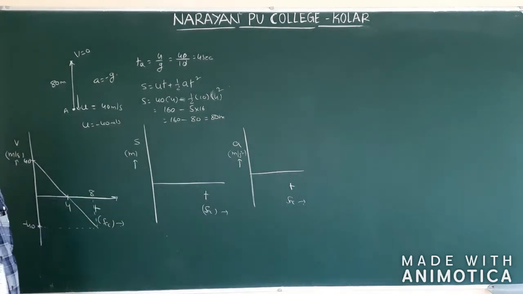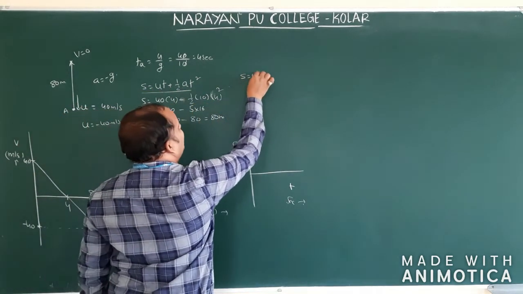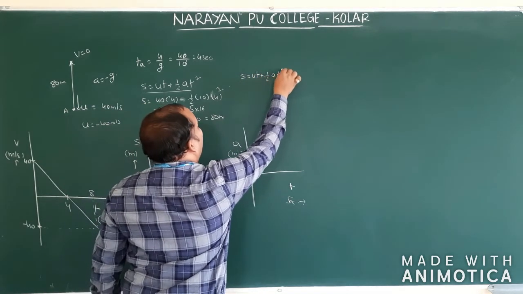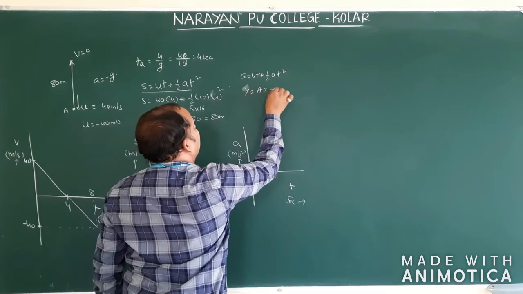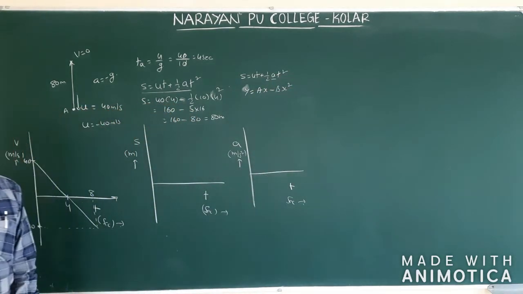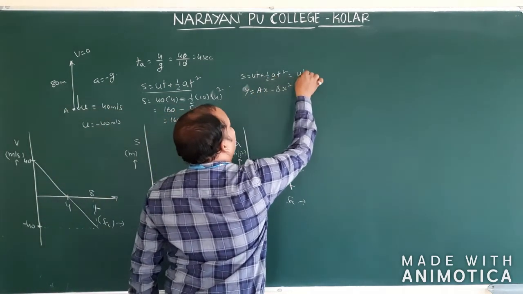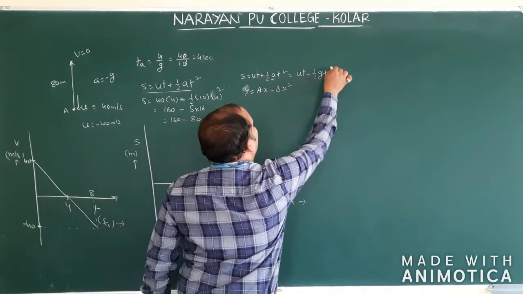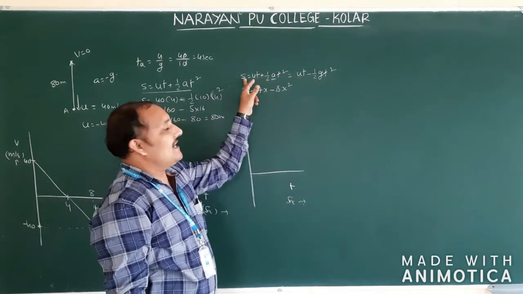Therefore, how will the graph become? The graph will come from this equation: S is equal to ut minus half gt square, because a is going to become minus g. The equation type is y is equal to ax minus bx square; in place of x, t is there, and in place of y, s is there.